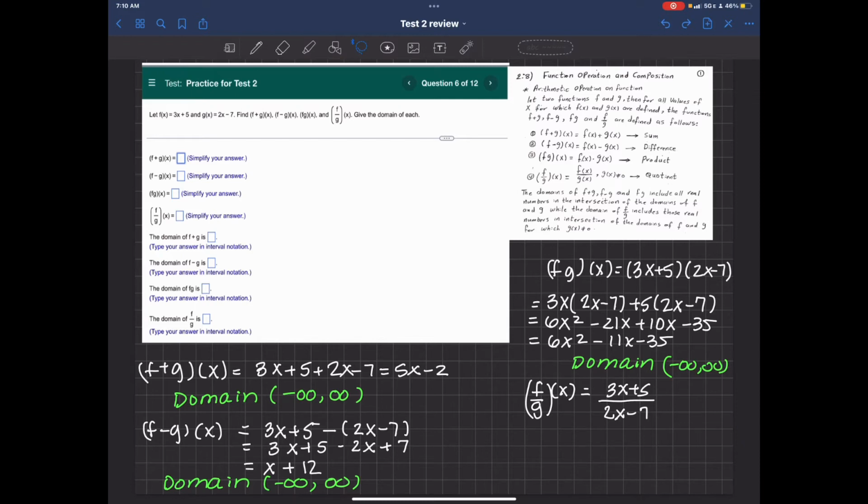So what we're trying to do here is take the denominator right here, and we're going to say that it cannot equal 0. So we're going to solve for x.